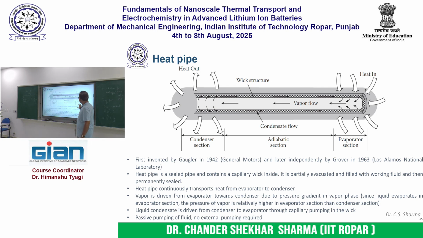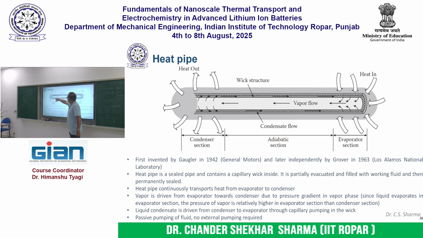What you have here is three zones: evaporator section, adiabatic section and condenser section. The evaporator section is in contact with your heat dissipating device, and the condenser section is in contact with your heat sink that ejects the heat to the outer atmosphere.